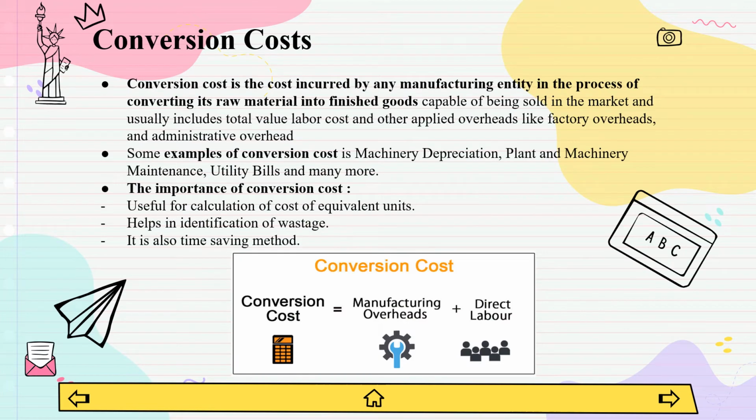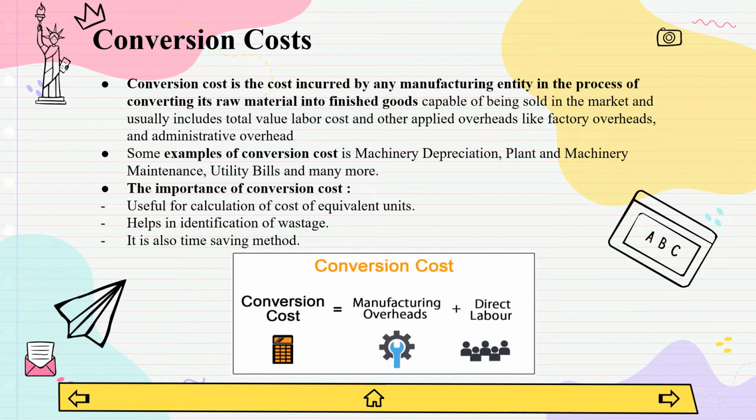Okay, next I will present about conversion cost. Conversion cost is the cost incurred by any manufacturing entity in the process of converting its raw material into finished goods capable of being sold in the market, and usually includes total variable costs and other applied overhead like factory overheads and administrative overhead.